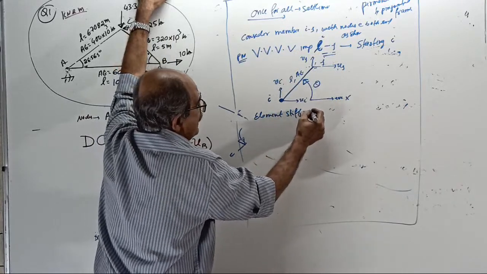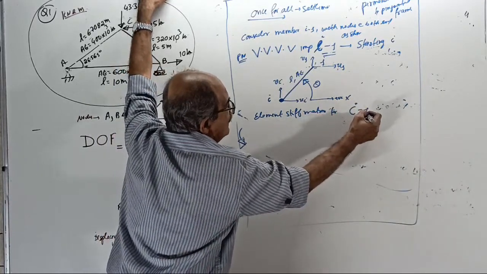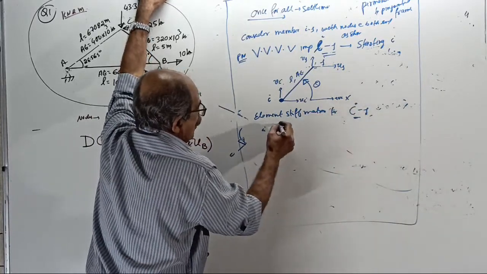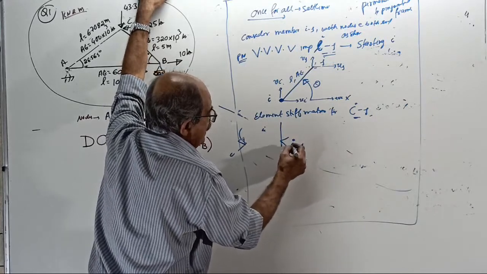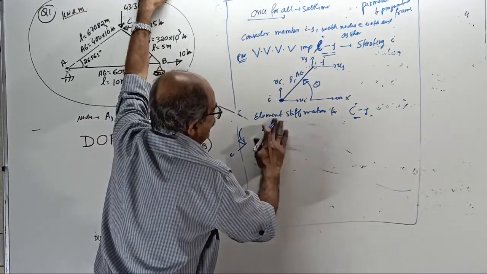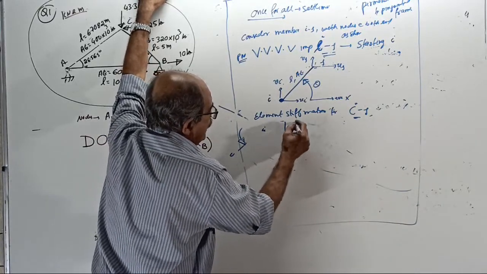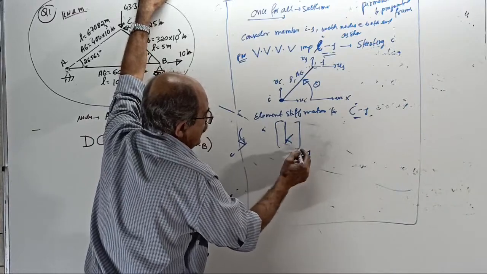Element stiffness matrix for IJ. For IJ, starting is I. That is called K of IJ. I is very important.